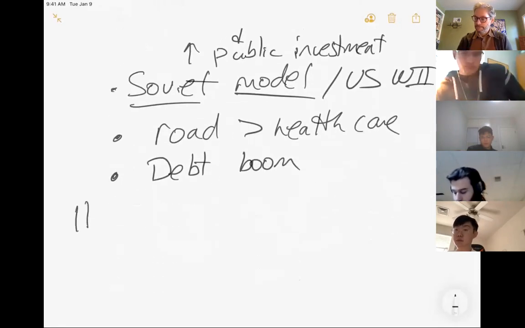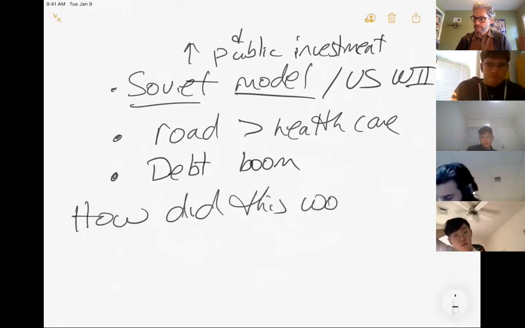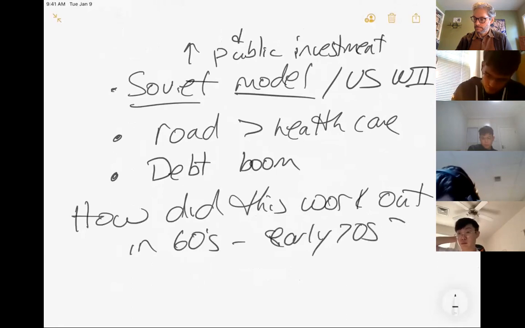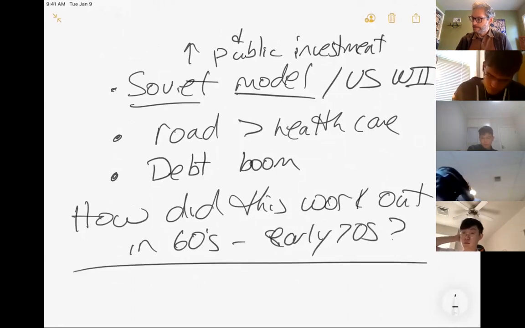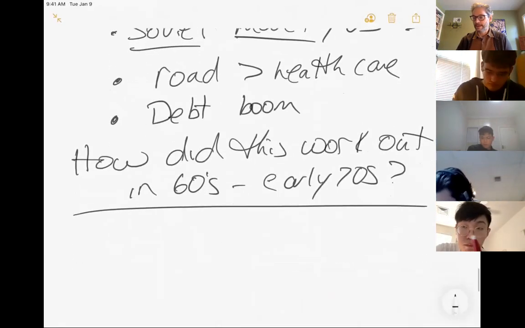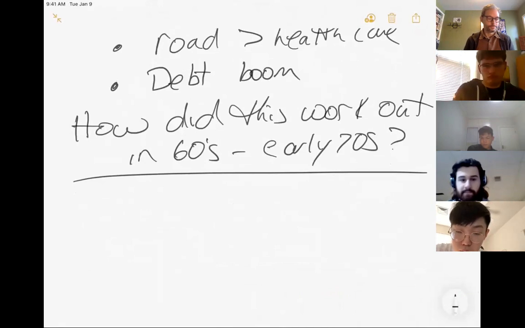How'd this work out? How did this work out in the 60s and early 70s? Did all these countries that dramatically increased their investment, did they see a boom in growth? No. There was no boom in growth, right?